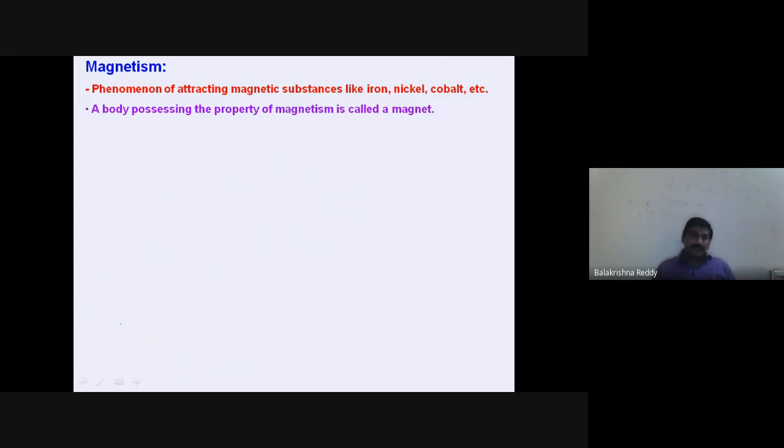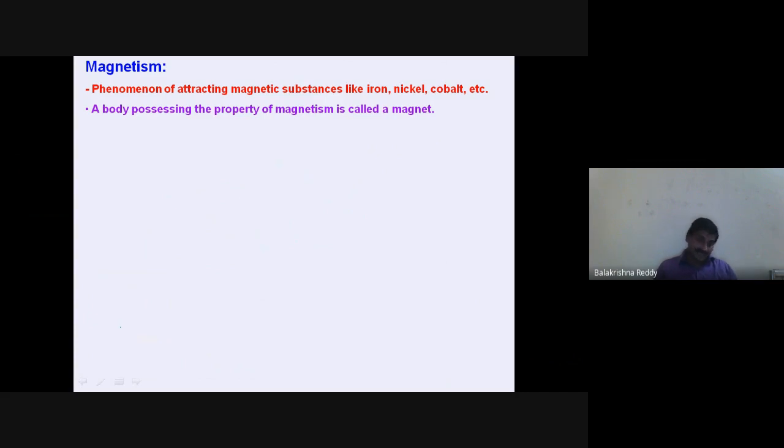Suddenly, his nail stick was attracted towards a stone. Then he found that the stone had different powers. The stone was at a place called Magnesia, located in the Asian continent. Therefore, the stone was later named magnesia since it was found in that area. So it is called a magnet. And since it attracted the iron nail, it has different powers.